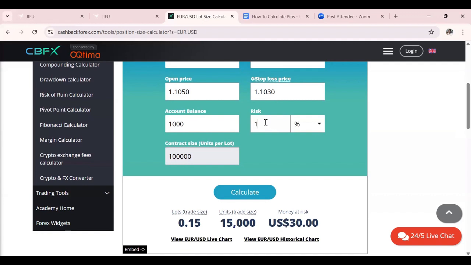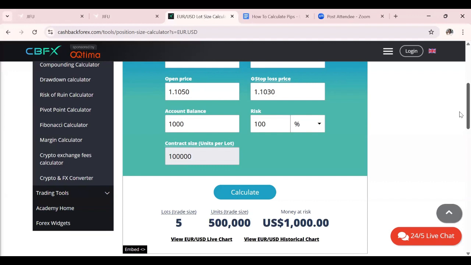So let's say you put 100% risk. If you're putting 100% risk, it's showing that you're trading 5 lot sizes. So your question of whether one lot size represents 100% of your risk, you can see that that question is invalidated.